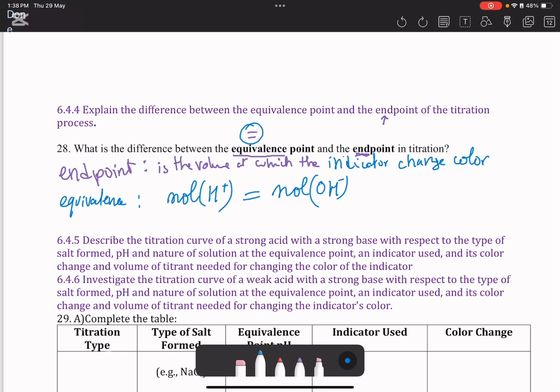They reached a point where they are equal, so we call it equivalence point. It comes right before the end point. We cannot see it with our eye, so we need an indicator that switches color from acid to base and vice versa, so that we know that we passed the equivalence point.